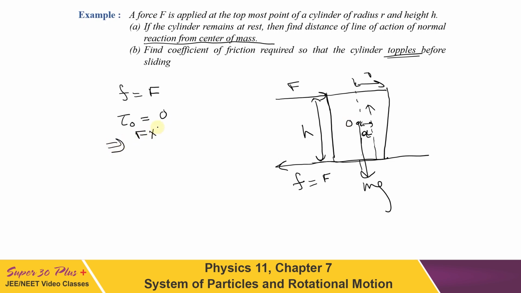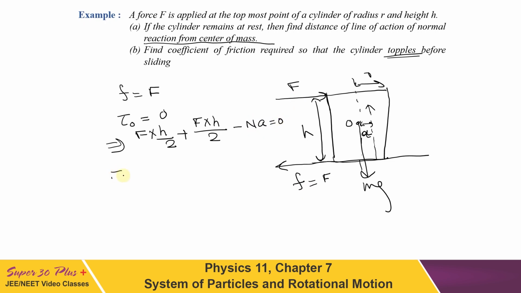F into h by 2 plus, for friction also, the same magnitude, F into h by 2, minus NA. As you can see here, both the external force and the friction are producing torque in the clockwise direction, whereas the normal produces torque in the anti-clockwise direction. And since we are writing torque about O itself, there will be no torque for the weight, and this has to be equal to 0.